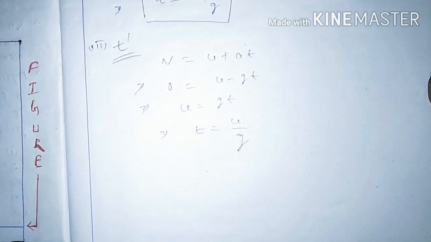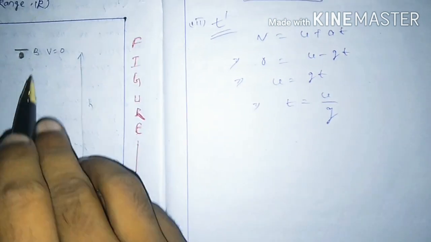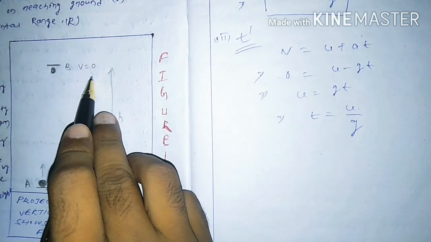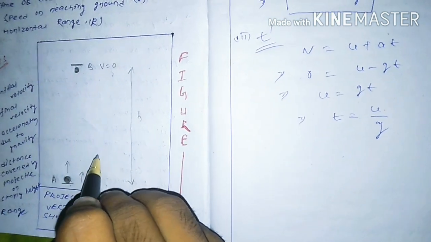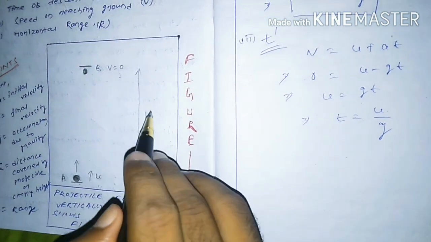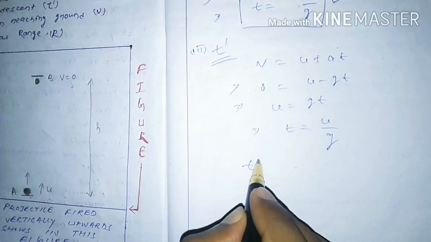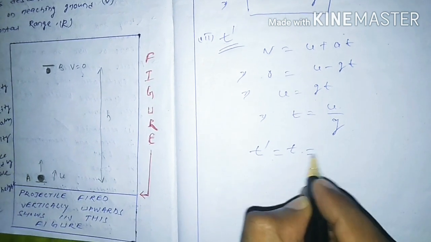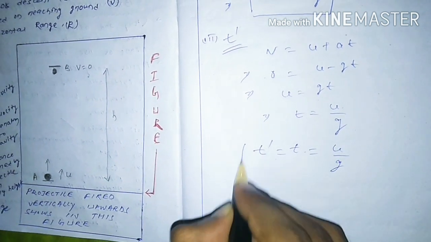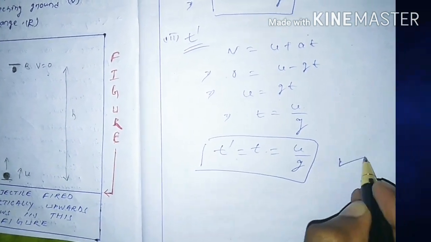Since upward and downward motion are symmetric with respect to each other, the time of descent is equal to the time of ascent, or we can write t dash is equal to t is equal to u by g. So this is the answer.